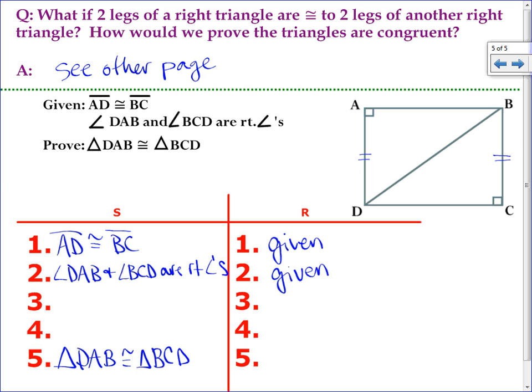The two steps that aren't filled in right now are steps that you have seen before. Neither of them are new. Somebody remind me what I said the three most common reasons are.